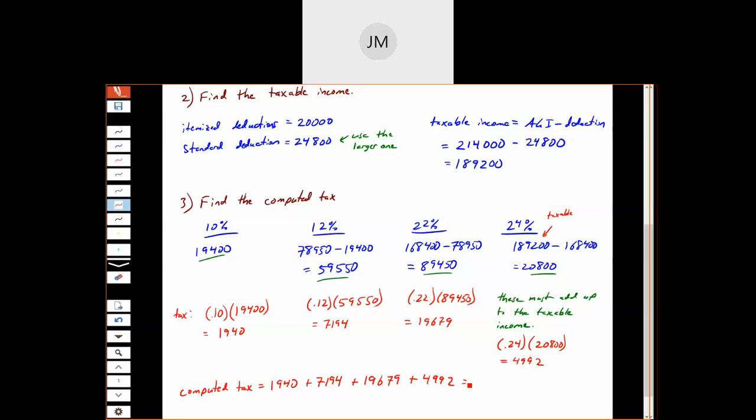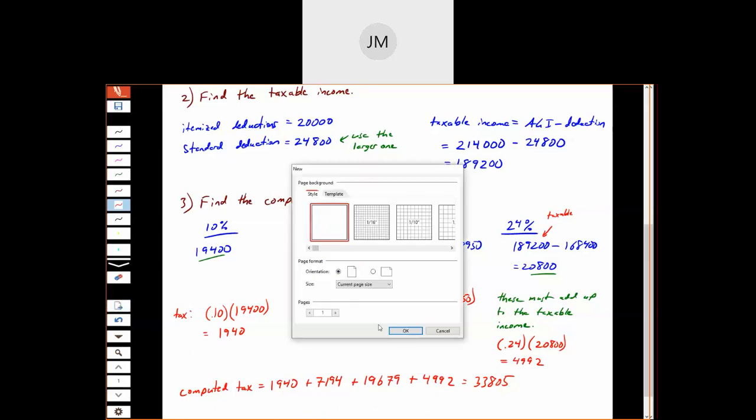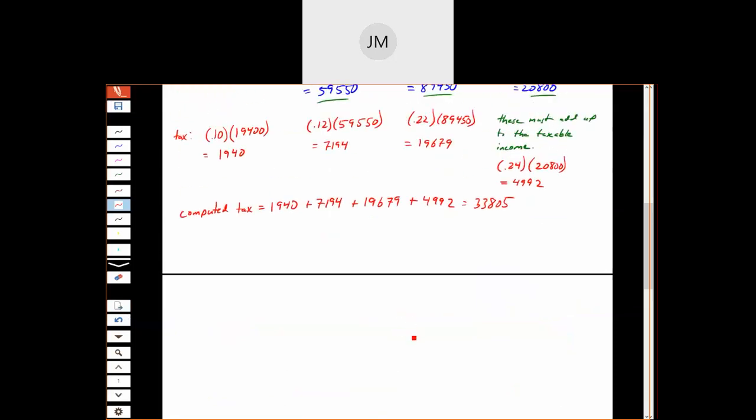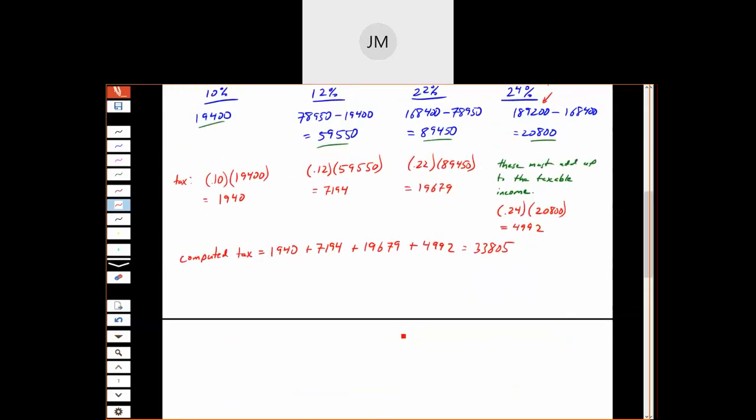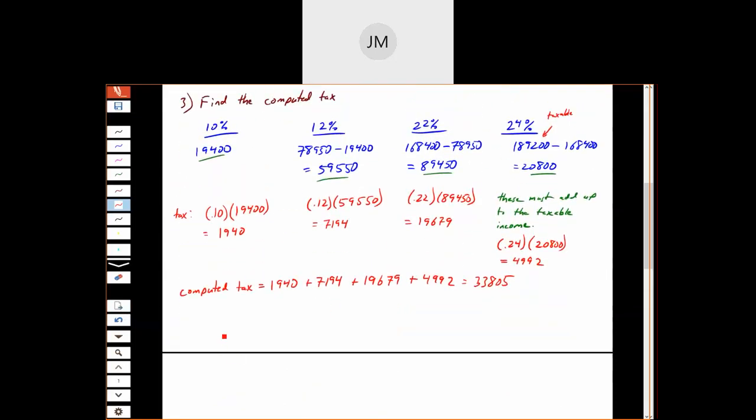So we should get $33,805. All right, that's step 3.